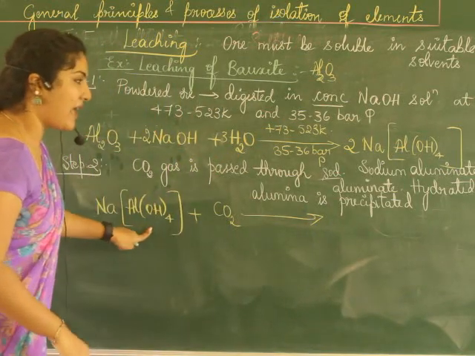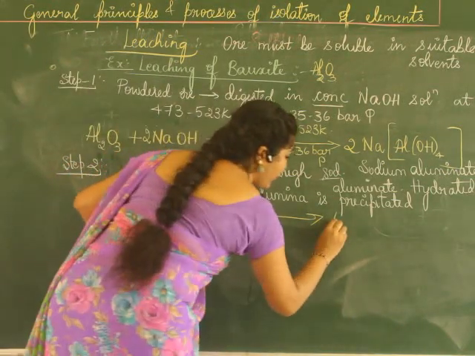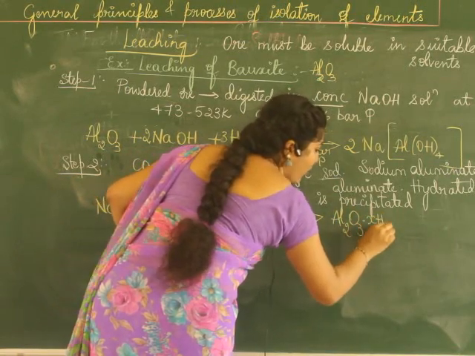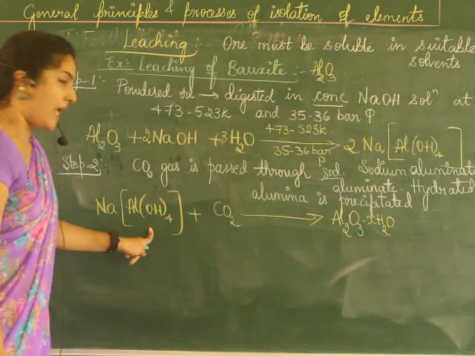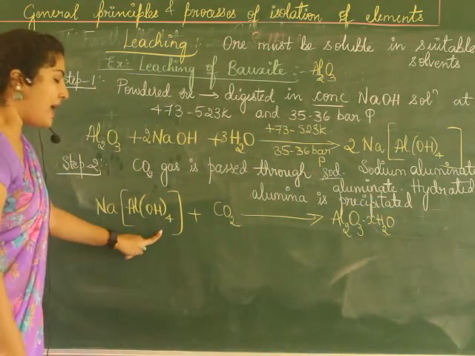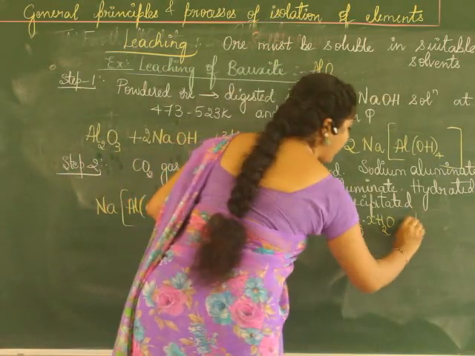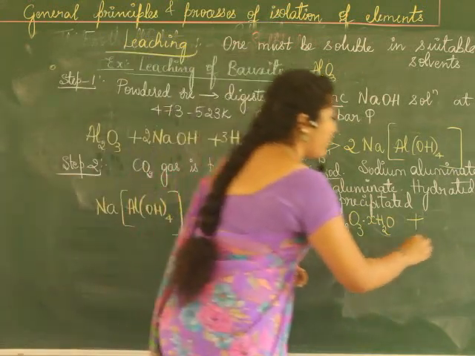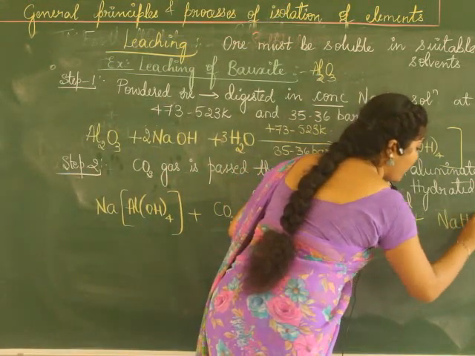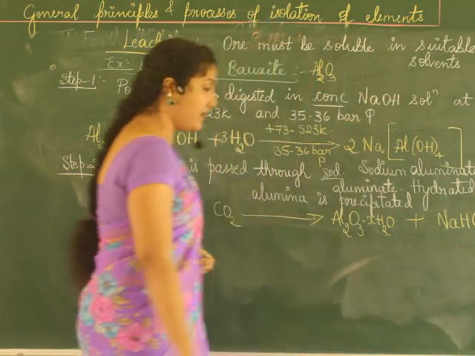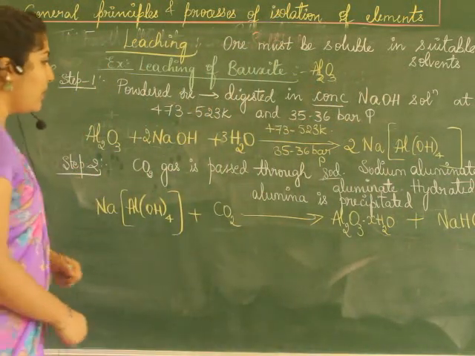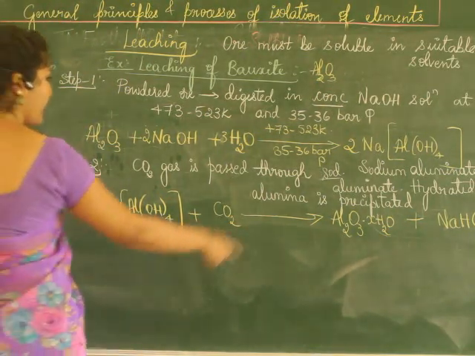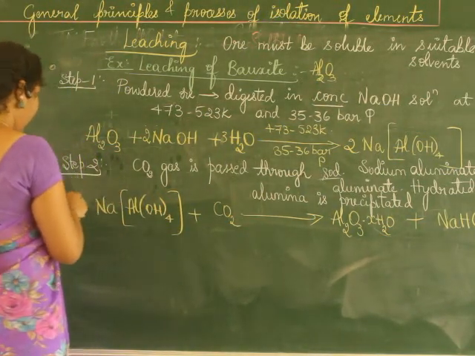You get hydrated alumina. Hydrated alumina means, I have told you, the formula is Al2O3. Hydrated means it contains some moles of water along with it. Hydrated alumina, Al2O3·xH2O. What can be the byproduct? You have sodium hydrogen carbonate, NaHCO3, sodium bicarbonate, as the byproduct there.